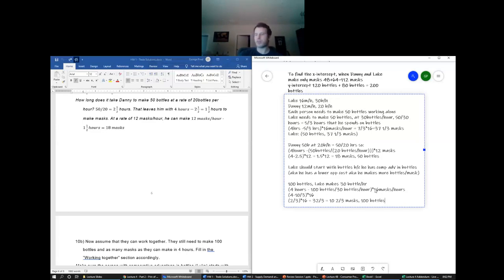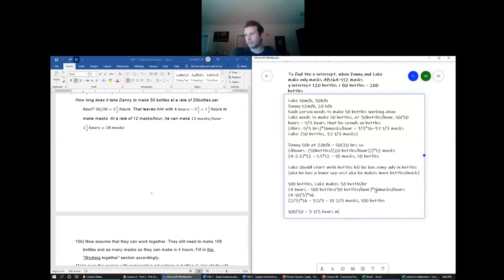Okay, we could do that step by step. In fact, I never know if it's easier to do it condensed like that or step by step. I think different people have different preferences, so I'll do it both ways. If he's starting on bottles and needs 100 bottles, at 30 bottles per hour it'll take him 3 1/3 hours.